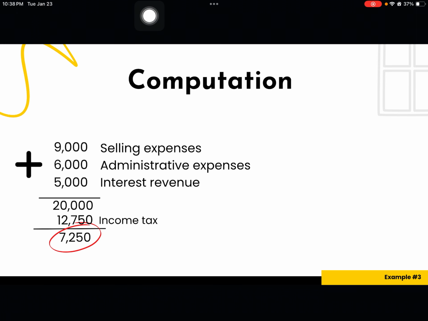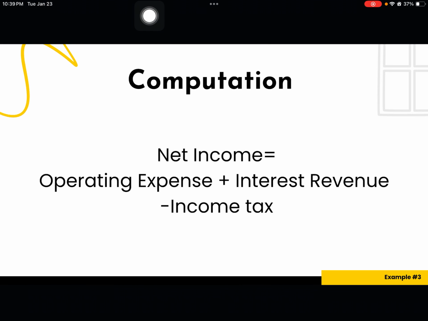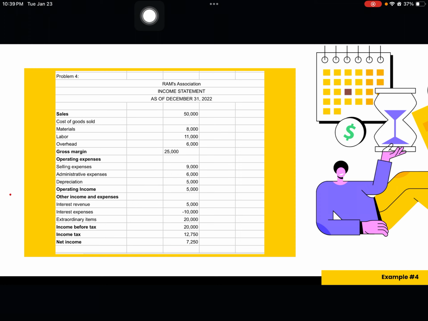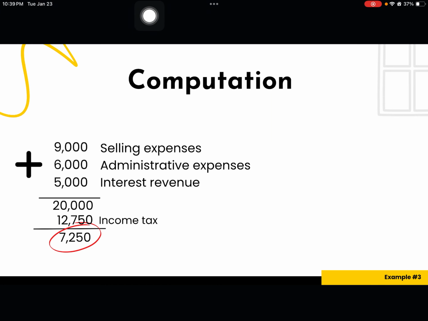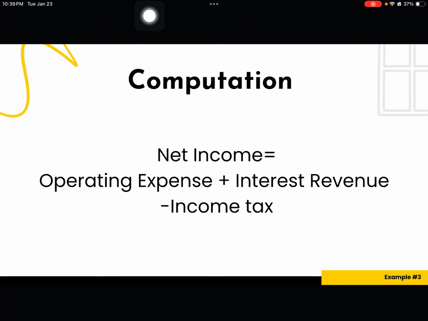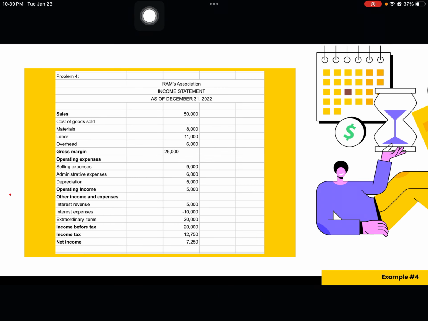By adding the selling expenses 9,000, administrative expenses 5,000, and interest revenue 5,000, the total is 20,000, and subtracting the income tax, which is 12,750, the total is 7,250, which is our net income in Rams Association.